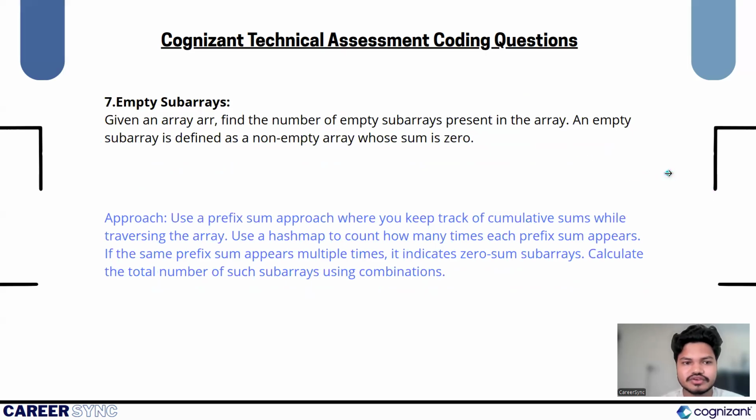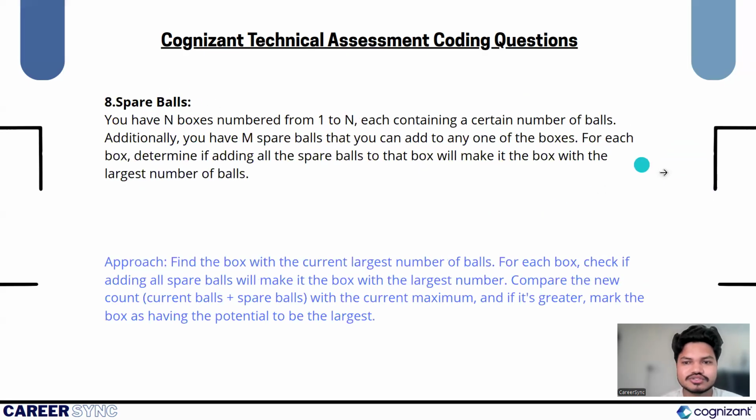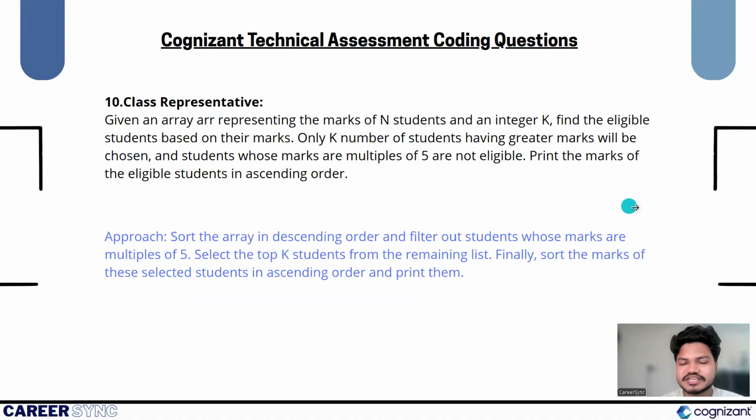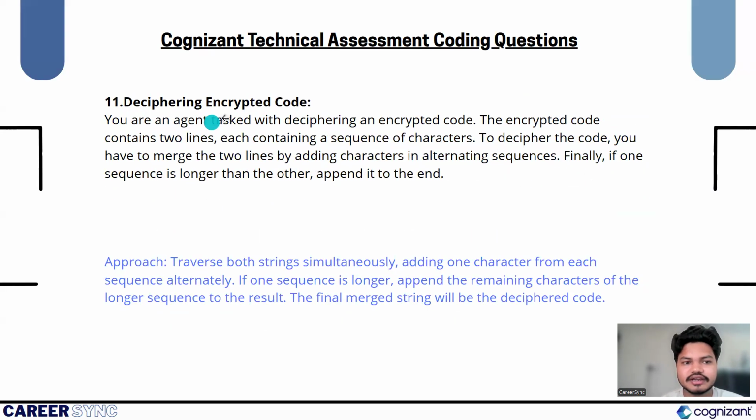You have to find, in a given array, the number of empty subarrays present, where an empty subarray is defined as a non-empty array whose sum is zero. Now, spare balls questions, attacking forts, class representative, and deciphering encrypted code. So these are the questions that you should know, how they are asking the question.